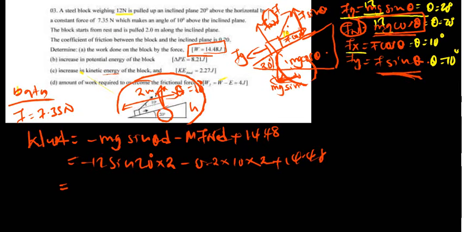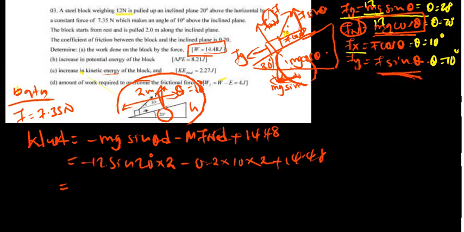Negative 12 sine 20 times 2, then that one minus 0.2 times 10 times 2. What are you getting, guys?